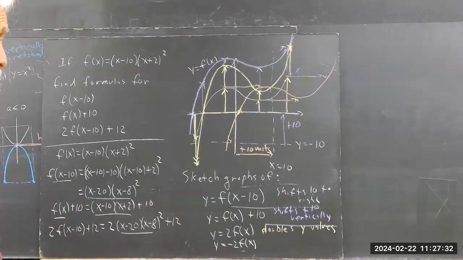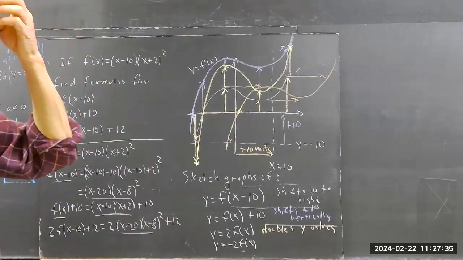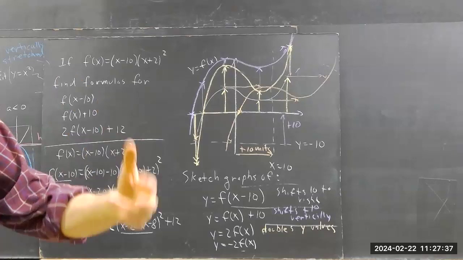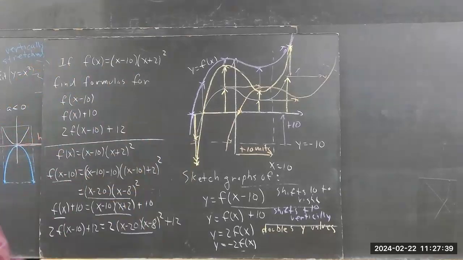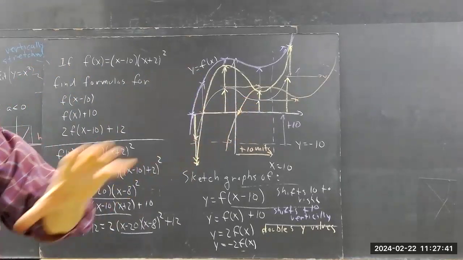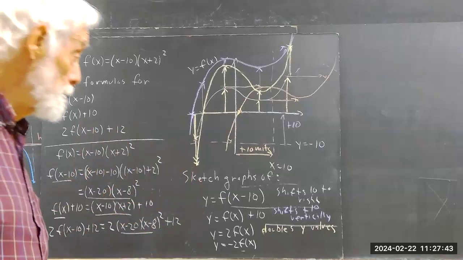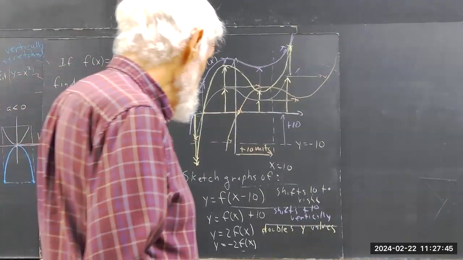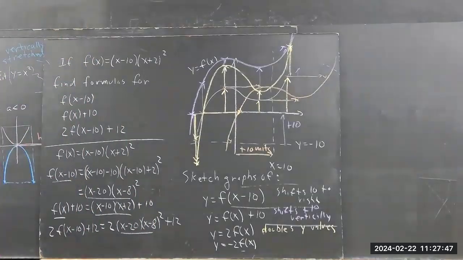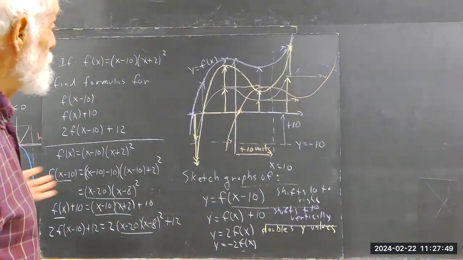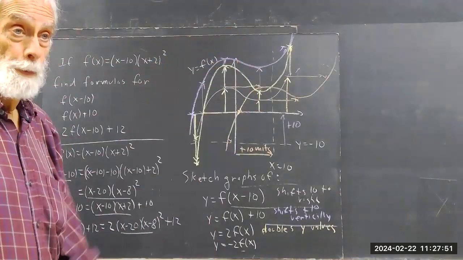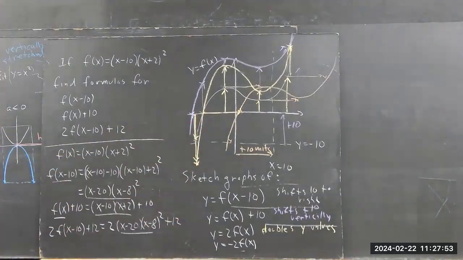But all the stuff you've learned about function notation, shifting, stretching, transformations, all the stuff that was due today, if you haven't done it, you better do it. And you know, it gives you a picture. It's not hard to develop this picture. Some of you actually did fairly well with this.